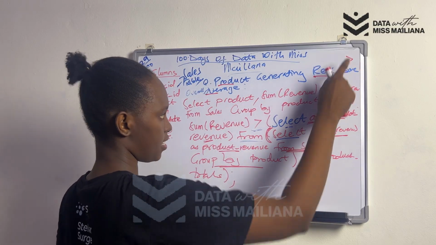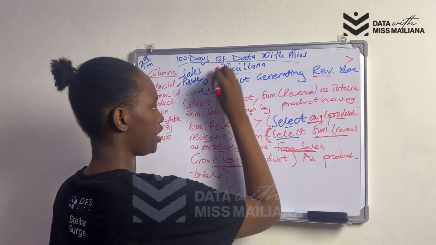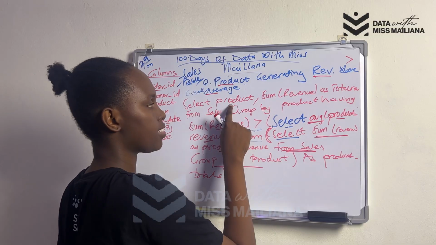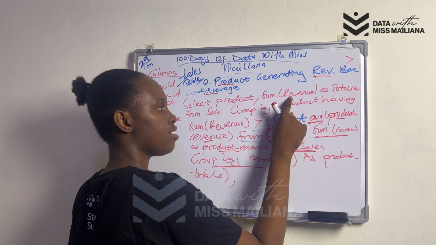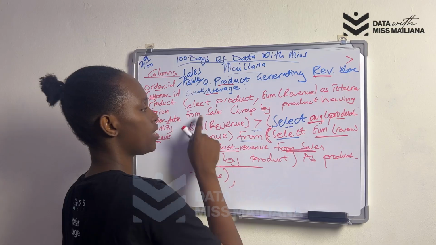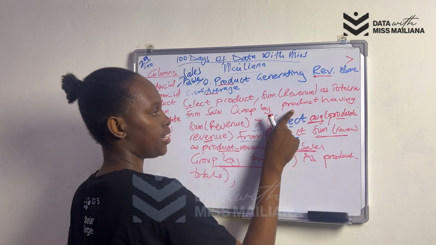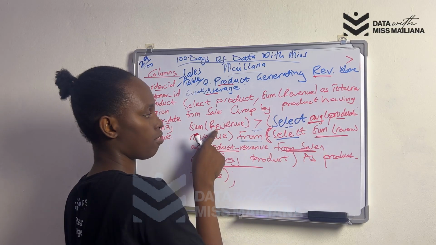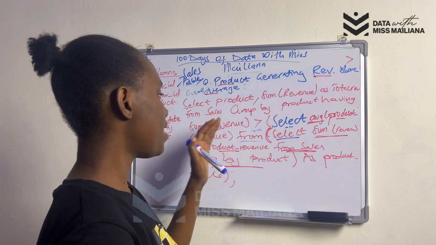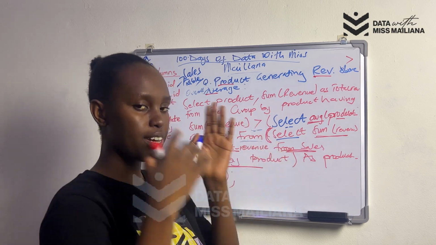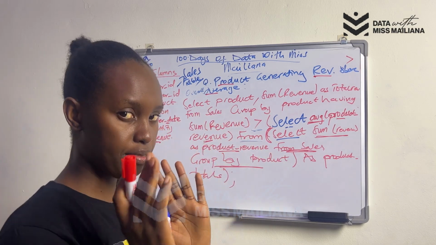Above is what's greater than. So now for the product, we select product, sum the revenue as total revenue from the sales, and group it by product having their revenue, right? So now the revenue that they are having should be greater than the average. So calculating the average is very key.